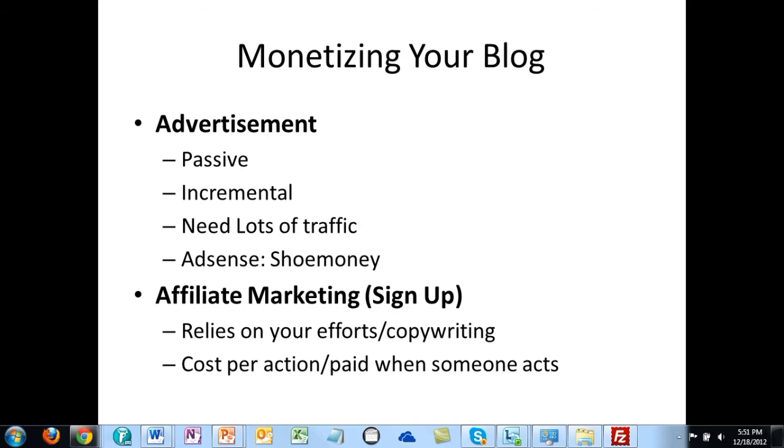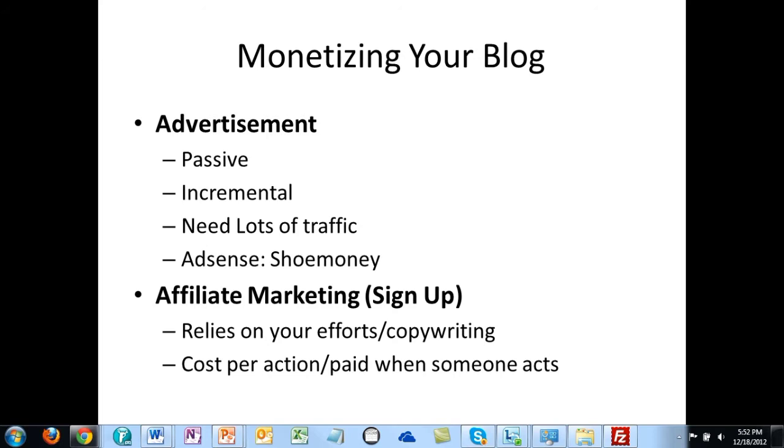So in not being actively involved in getting the visitor to take an action, you're actually missing out on a lot more income. The other part to affiliate marketing is that you're going to make more money every time someone takes that action.